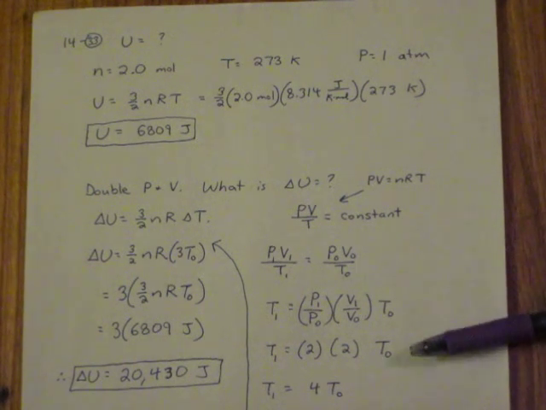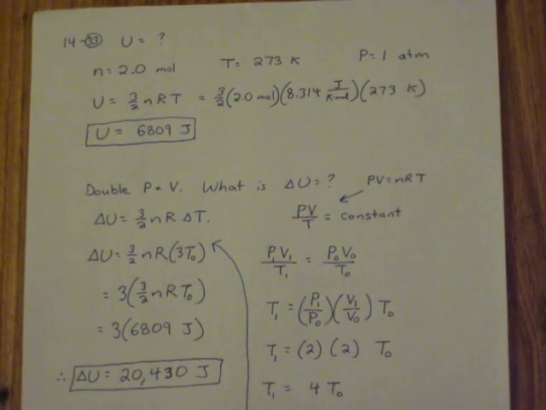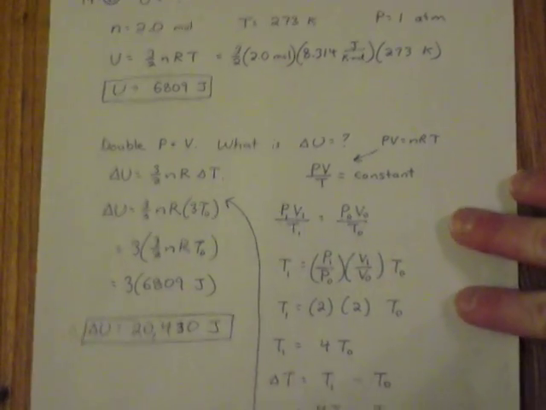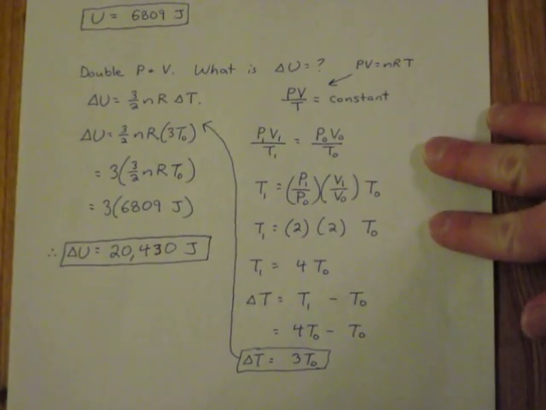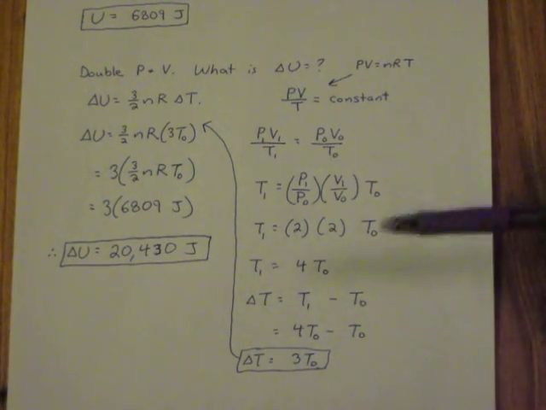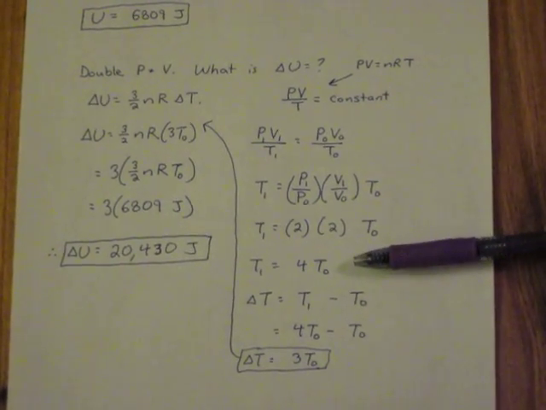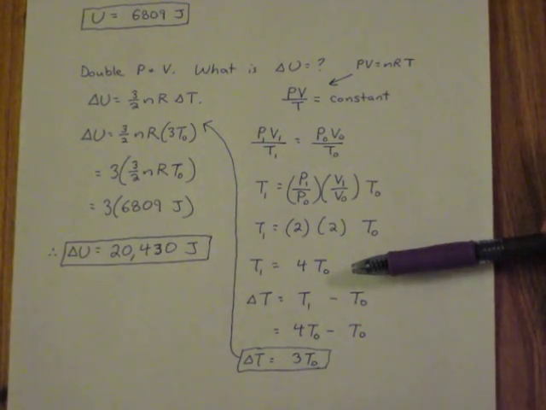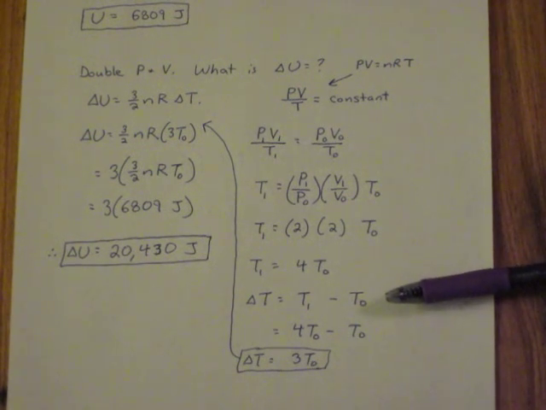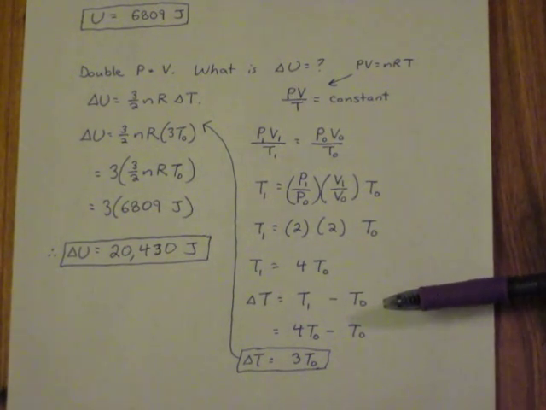So this becomes final temperature is 2 times 2 times T0, which means final temperature is 4 times T0. What we can then do when we solve for delta T, remember delta T, change in temperature, is always final minus initial. So by definition, delta T we can say is T1 minus T0.